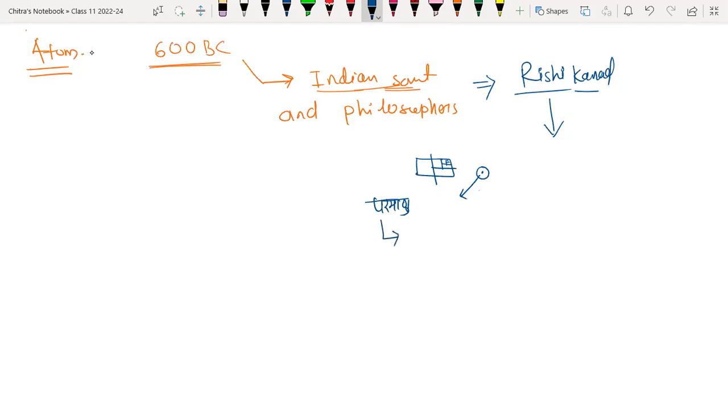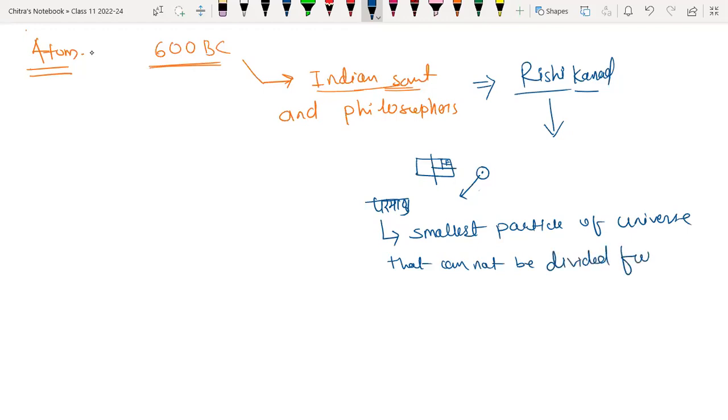According to Rishi Kanath, the smallest particle of the universe that cannot be divided further is called an atom. Understood, everyone? Yes, sir.